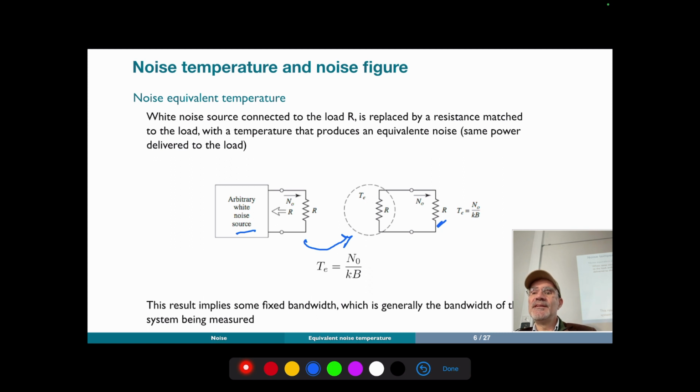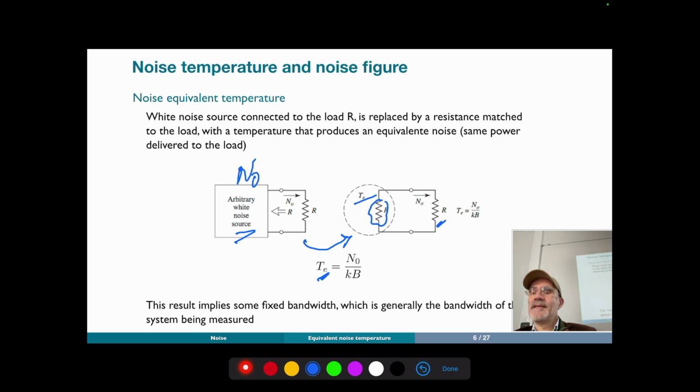But this resistance is at a certain temperature, which is the temperature that generates the same amount of noise as the initial arbitrary white noise source. And that's the way we define the equivalent noise temperature. So here we have a noise source that generates a noise N sub naught here.